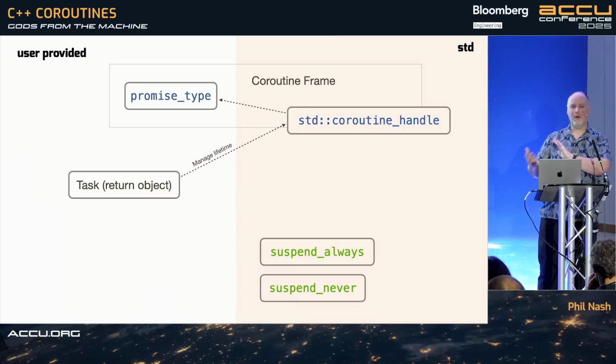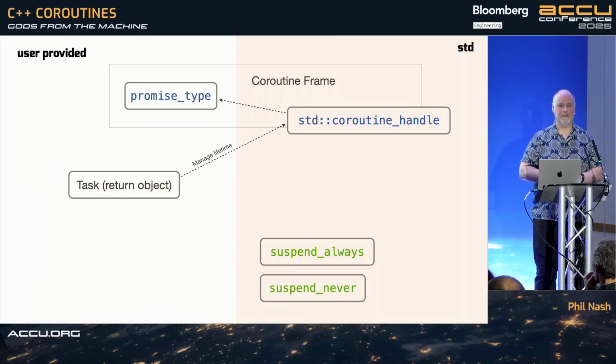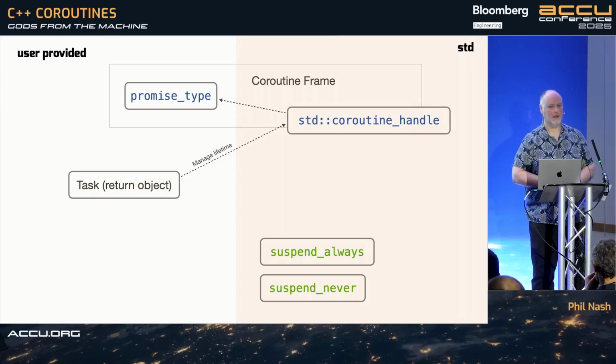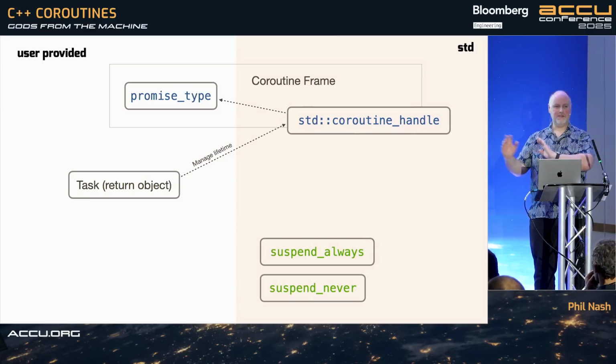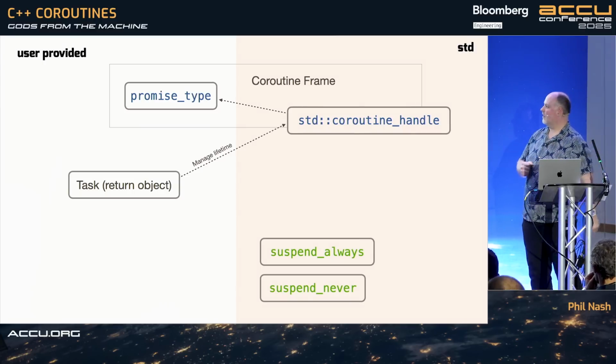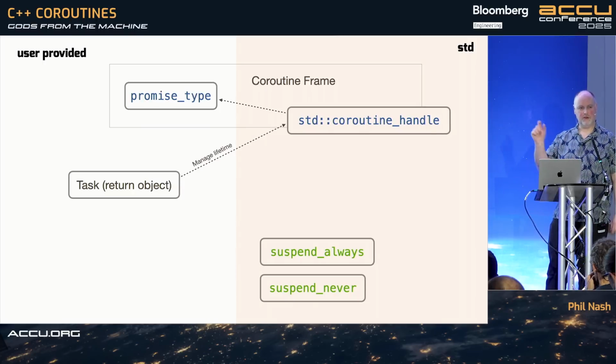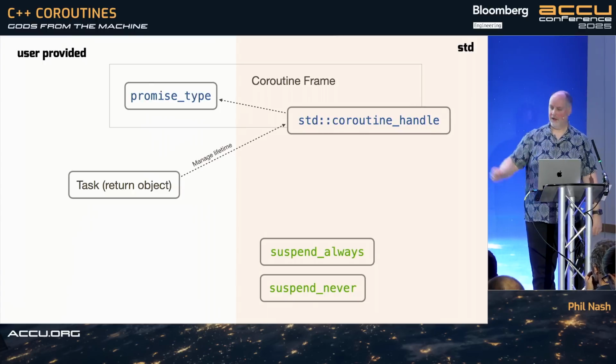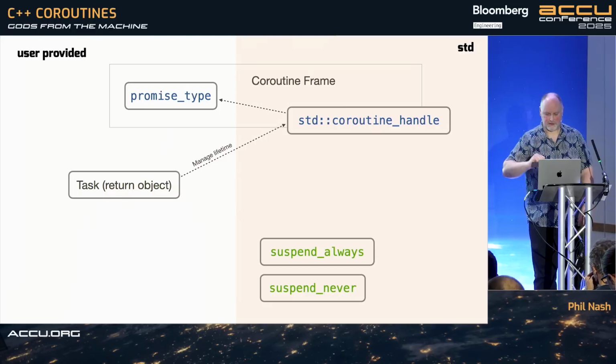But there are different ways that you might want to manage it, so there is no one way that it should work. So the coroutine handle doesn't do lifetime or resource management. You've got to do that. It's got a destroy method that needs to be built into our task type.